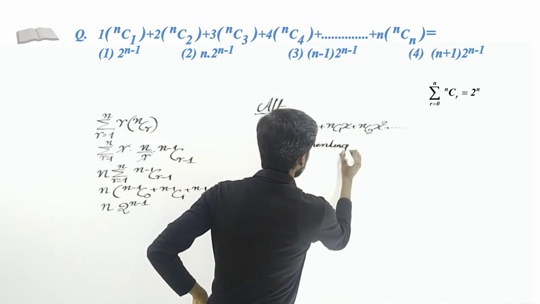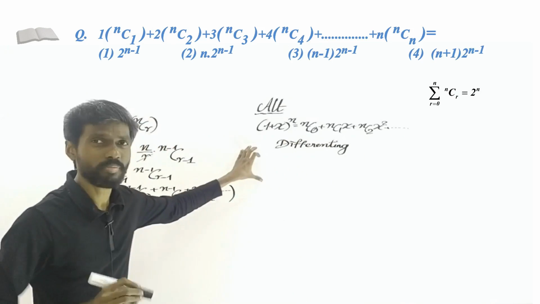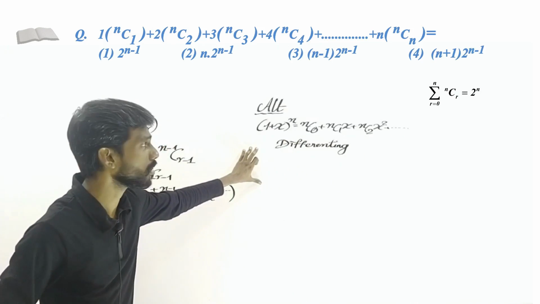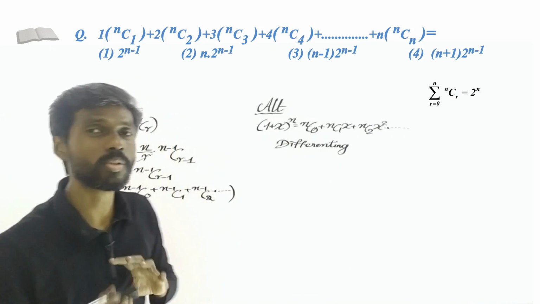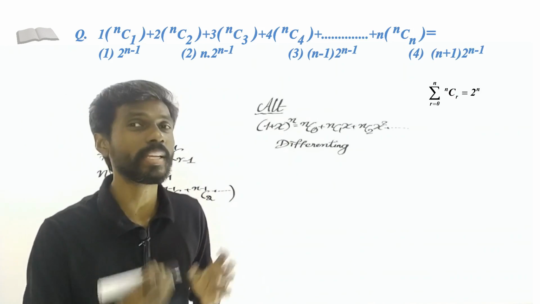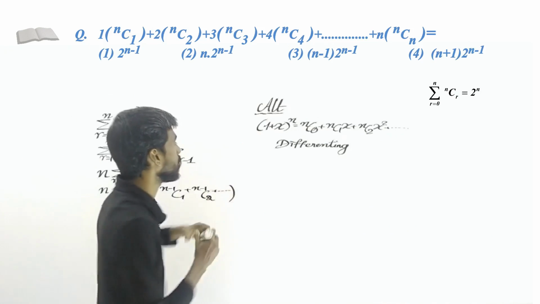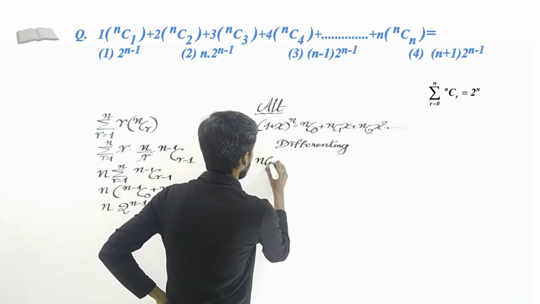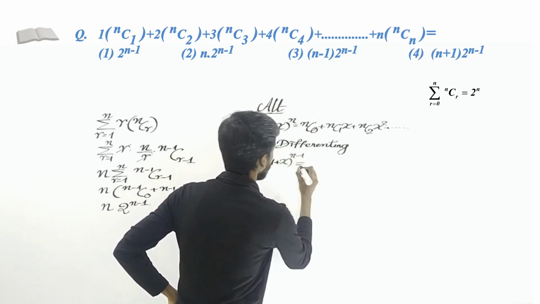So differentiating this expression, what do you get? From physics you must have learned some basics of differentiation, right? Simple functions like x square have derivative 2x, or x cube, derivative is 3x square, x to the power n in general has derivative n x to the power n minus 1. We are just using the basic differentiation. If you differentiate this, we'll get n (1 plus x) to the power n minus 1 equals this derivative.